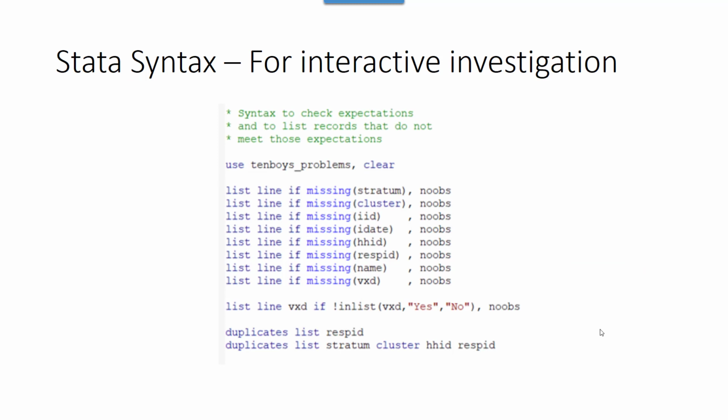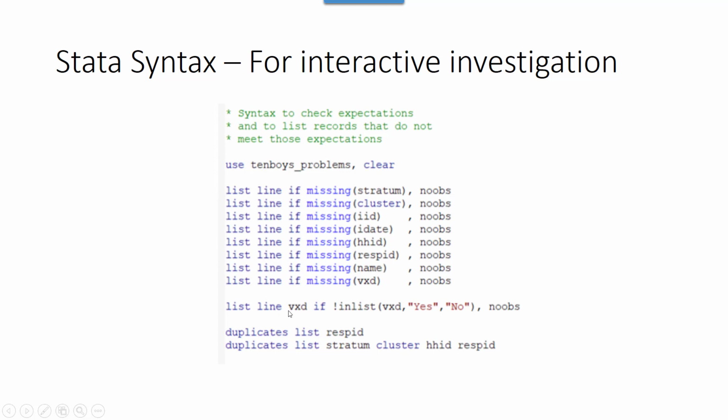This is the Stata syntax that I would use to list the problems, to find the problems in a data set like this. First, we would load up the data set. That's the use line. Then we would have a line to check for missing values for each one of the variables. If the variable is missing, then it lists the line number, so we can address that.